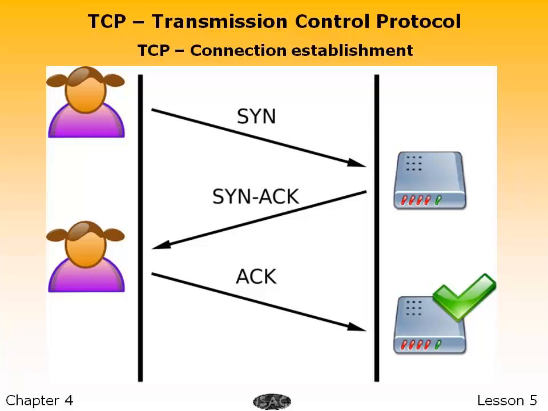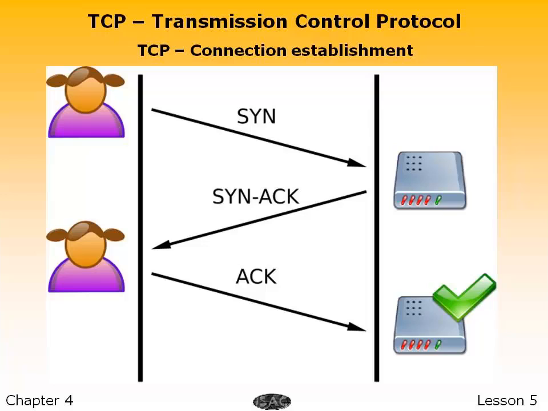In addition to cumulative acknowledgements, TCP receivers can also send selective acknowledgments to provide further information. If the sender infers that data has been lost in the network, it retransmits the data.